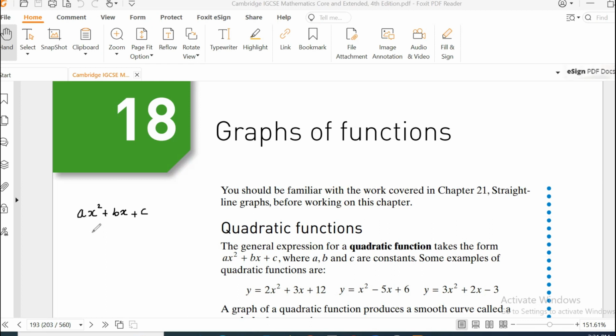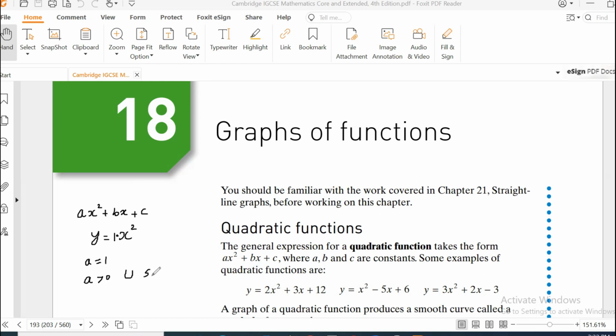For example, if we have y is equal to x square, in this situation our value of a, which is a constant, is 1. Means a is 1, which is a greater than 0. So whenever we have a greater than 0, we always have U shape.